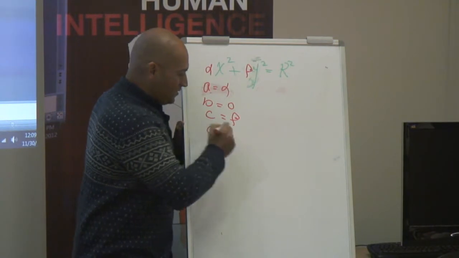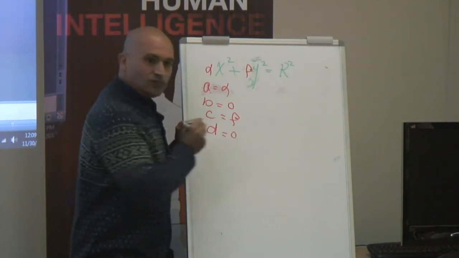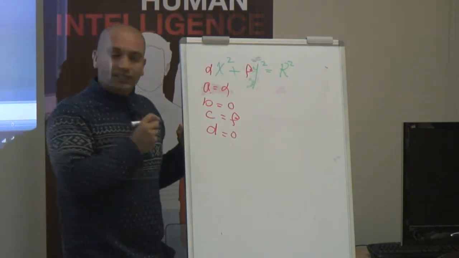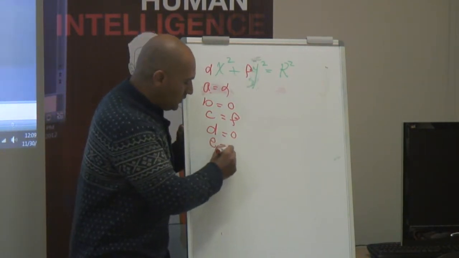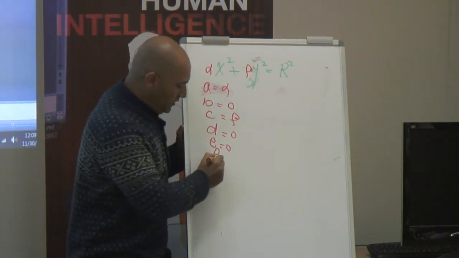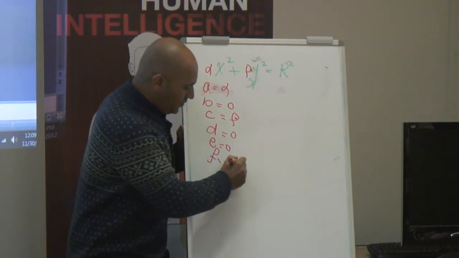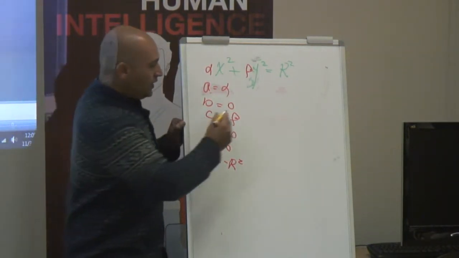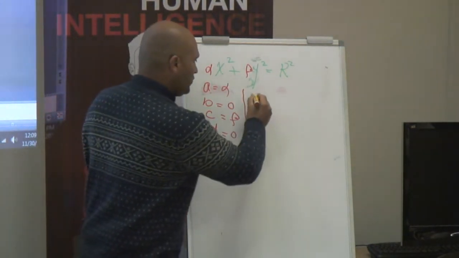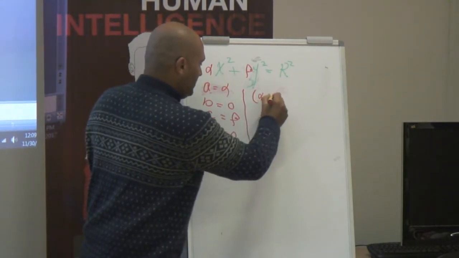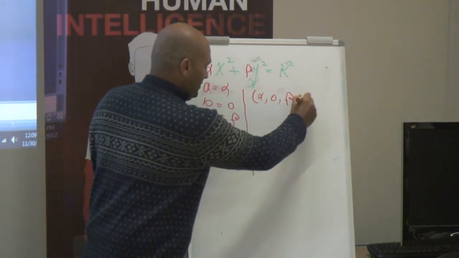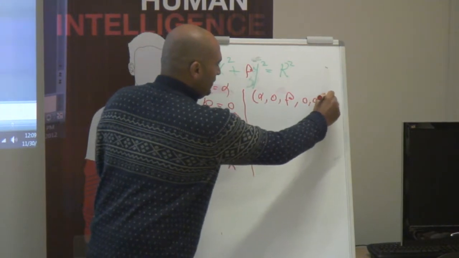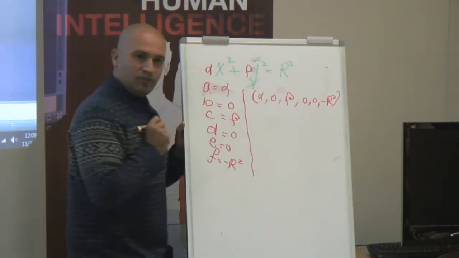D will be 0. E will be 0. And F will be minus r squared. Yes? So I can represent this as a vector, which in this case is alpha, 0, beta, 0, 0, minus r squared. This will give me a circle.